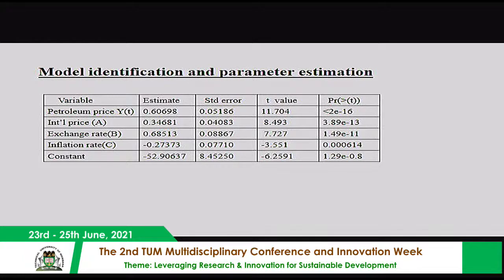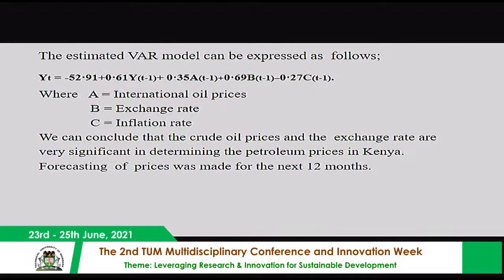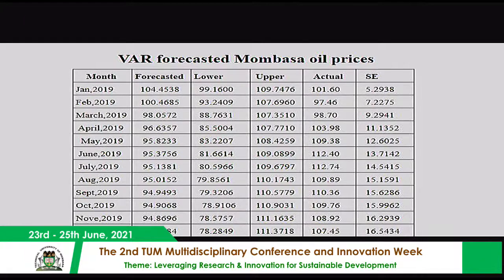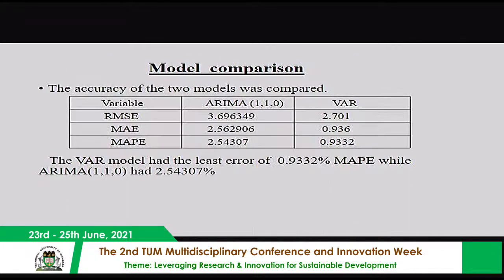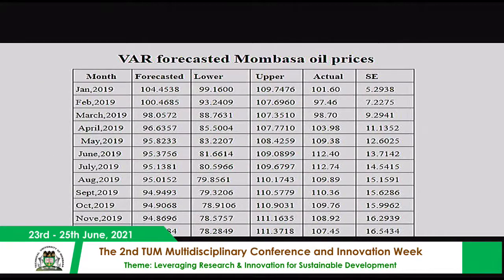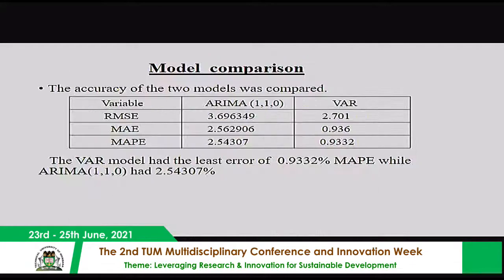Okay, here now, I came up with the parameter estimation, and those were the results. And that became the model. Also here, I did a forecasting for the next 12 months, from January 2019 up to December 2019.